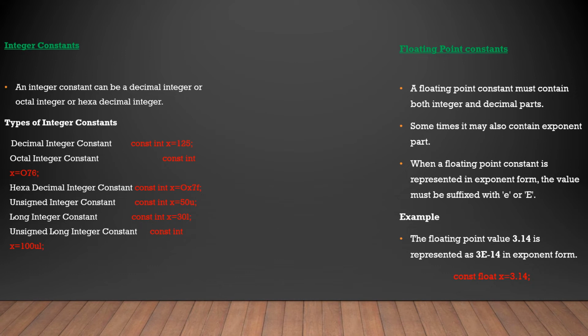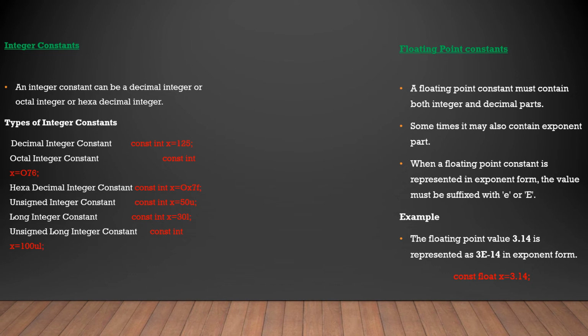UL we are using here. L is used for long and U is used to represent the unsigned integer constants. If you are using hexadecimal integer constants, then we should always put 0x followed by some number to represent the hexadecimal integer constants.